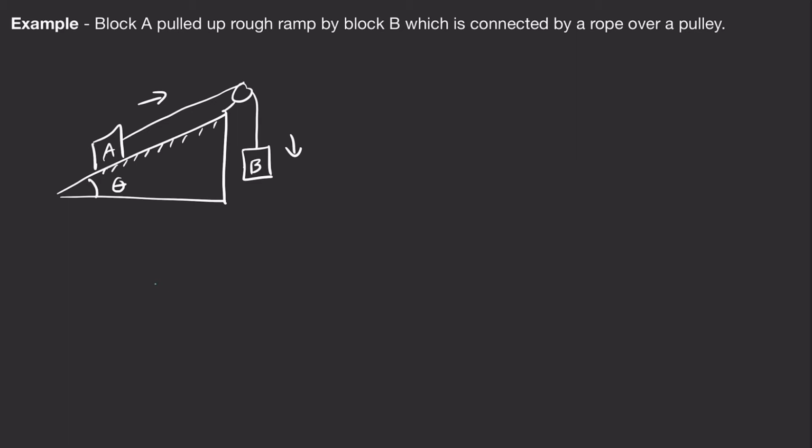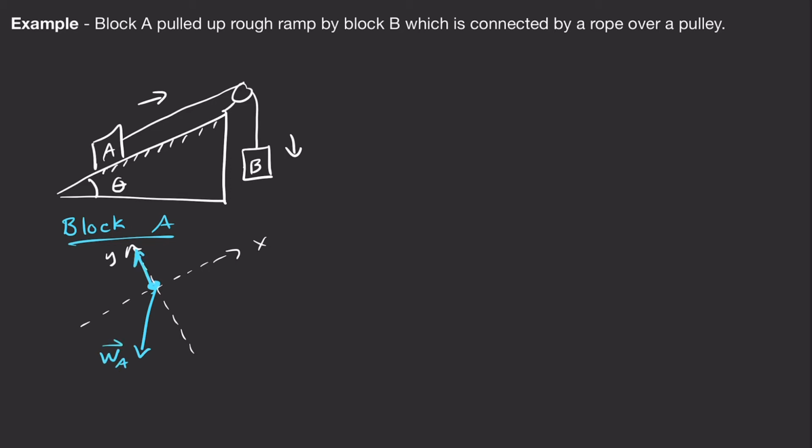I'm going to start with the free body diagram for block A, and I'm going to draw my rotated coordinate system. I'm going to draw the positive X direction going up the ramp, positive Y perpendicular to the ramp. This block has a weight that is straight down.